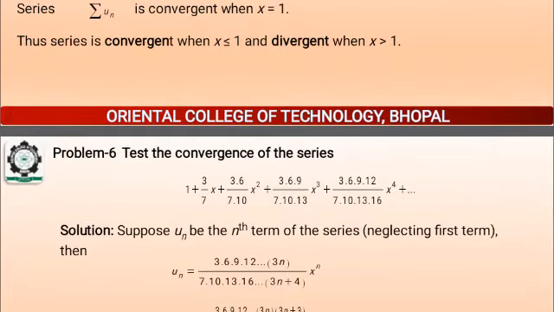Come to the next problem. Test the convergence of the series 1 plus 3 upon 7 into x plus 3 into 6 x square upon 7 into 10 plus 3 6 9 x cube upon 7 10 13 plus and so on.